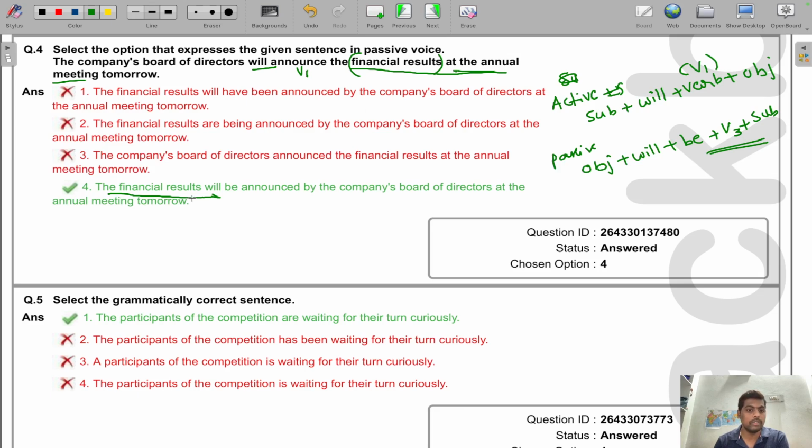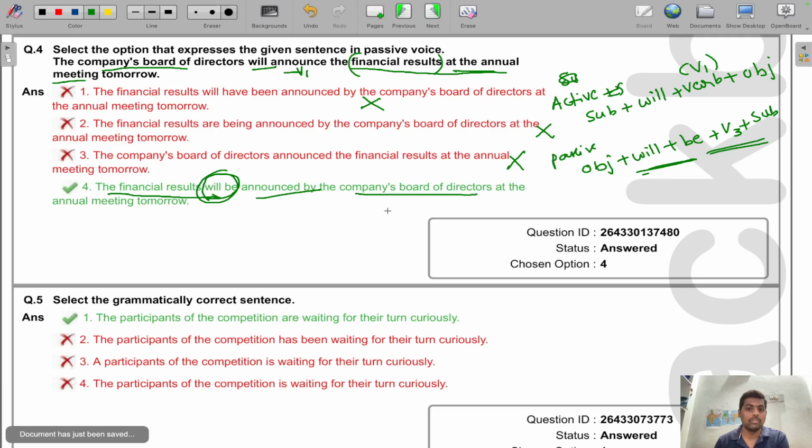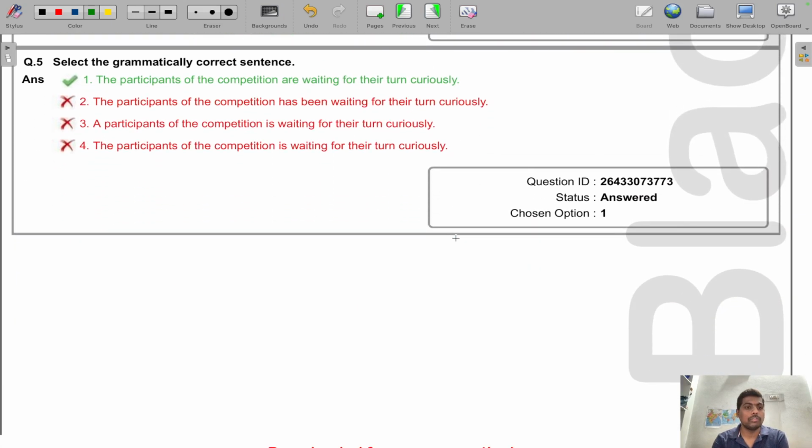So financial results will come first, and the form 'will be' is there in this option, and 'will be' is not in this option, so it is eliminated. 'Will be' is not here in this option either, so you can directly mark this answer, guys, because of 'will be'. With announce in v3, it will be announced, and the subject will be the company's board of directors. So this is how you need to convert. Let us go to the next question, guys.